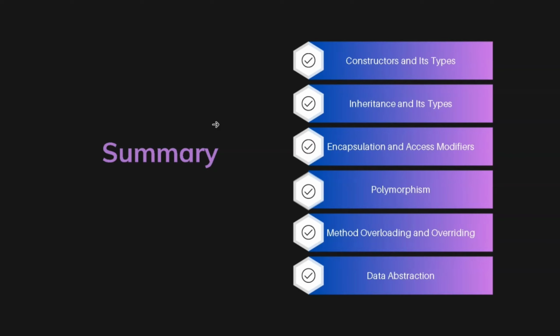Then finally, we saw the fourth pillar of OOPS, which is data abstraction. That is nothing but hiding, or differentiating between, the interface and implementation. In data abstraction, we saw that we need to create the abstract class, and for that we need to import the module ABC. And we have 2 types of methods in a data abstraction class.